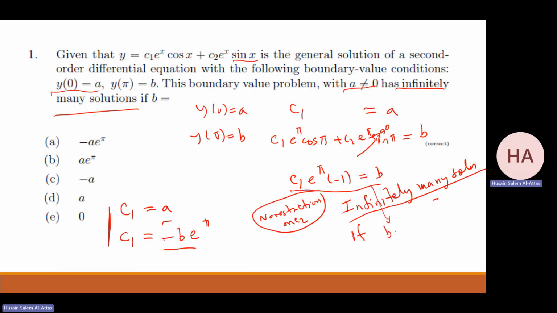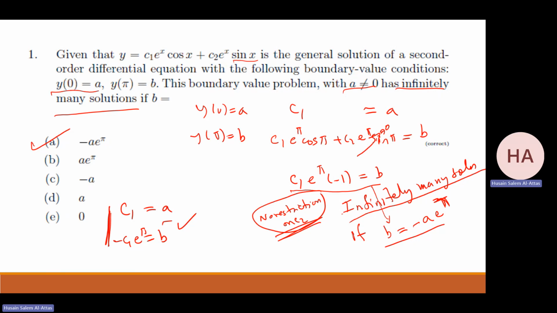If B equal, no, it's not C1 equal this. It's minus C1 e pi equal B. So B should equal to what? Minus A e pi. If that's correct, then it means the two C's are, I mean, this is okay. But C2, no restriction in C2, so you have infinitely many solutions. C1 will be fixed, but C2 is any value. So I have to have this restriction, then I have infinitely many solutions.